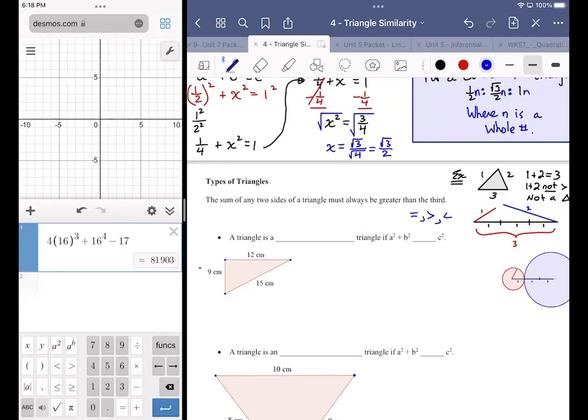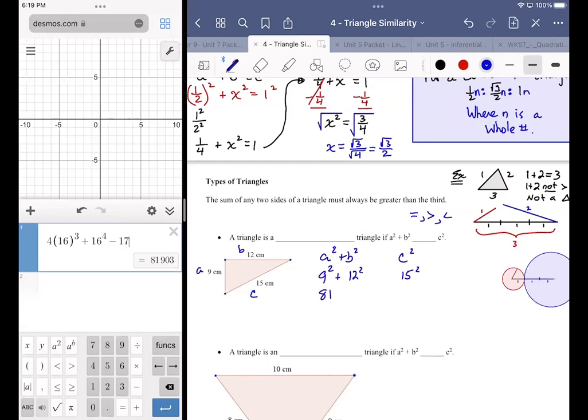So I would call this A, I call this B, I call this C, right? So A squared plus B squared, I'm going to figure out what C squared is. A squared is 9 squared, B squared is 12 squared, C squared is 15 squared. 9 squared is 81.